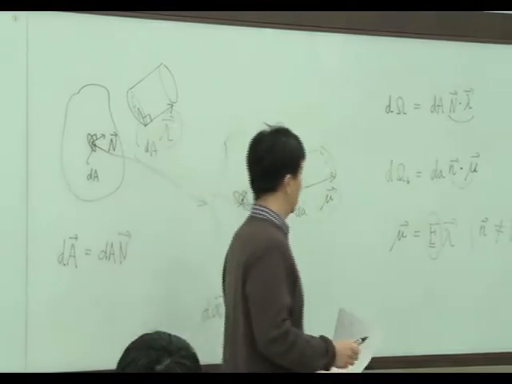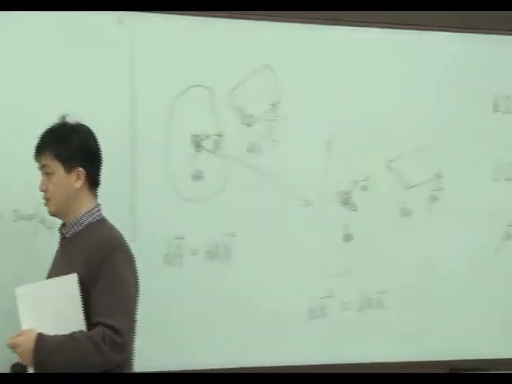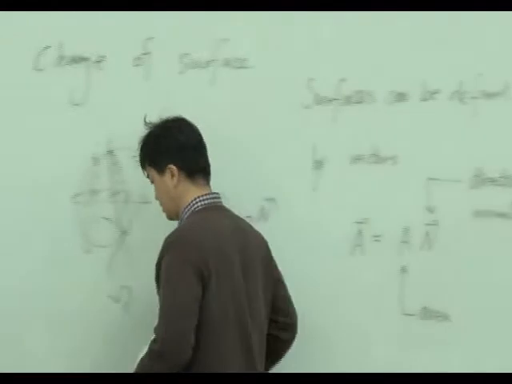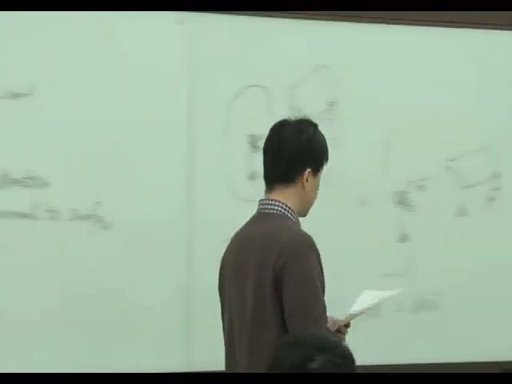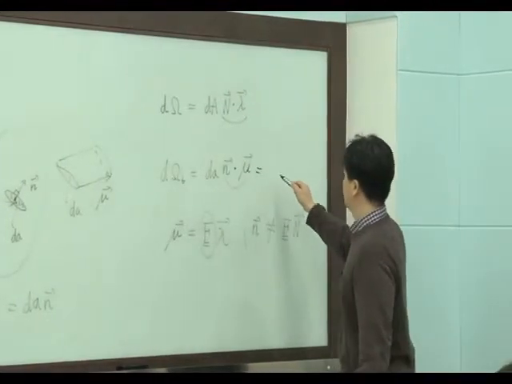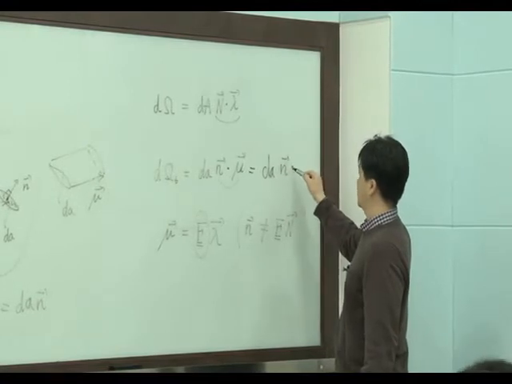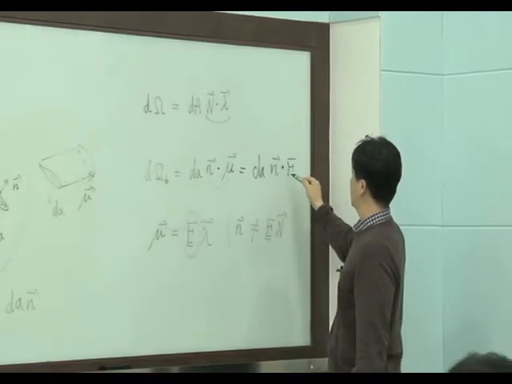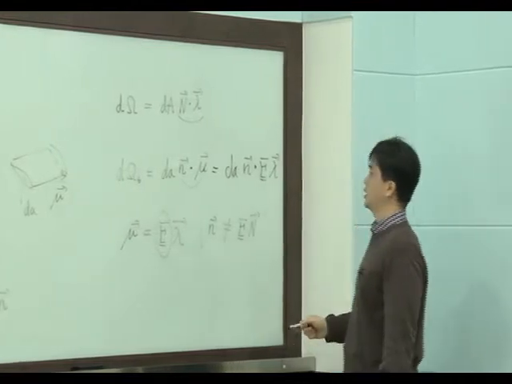Okay. So now let's use that relation. So this equation becomes da n dot product F lambda, right?